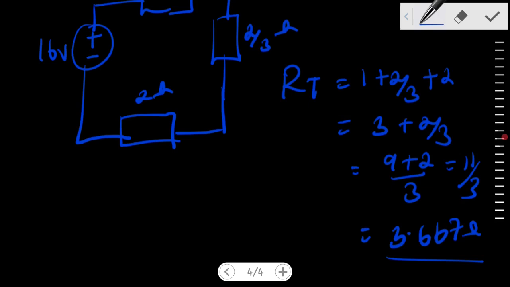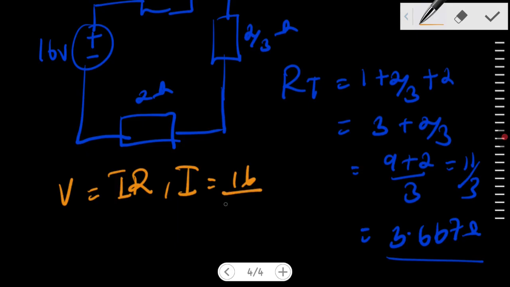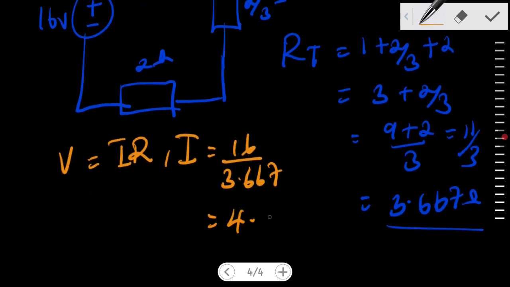That means that now we can get the total current. We know that V equals IR, which means that I equals the voltage, which is 16, divided by the total resistance, 3.667, right? So 16 divided by 3.667 gives us 4.363 amps.